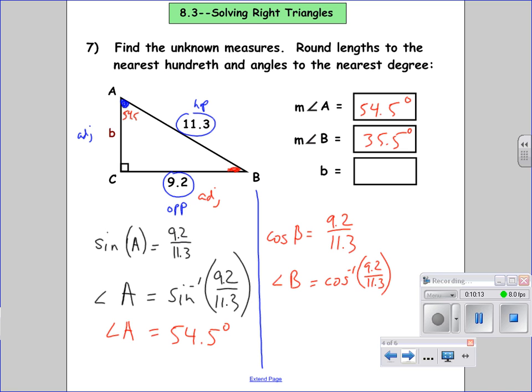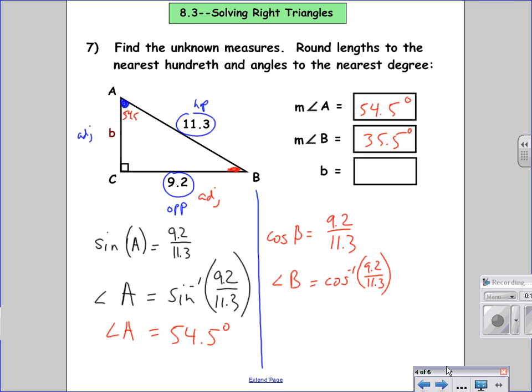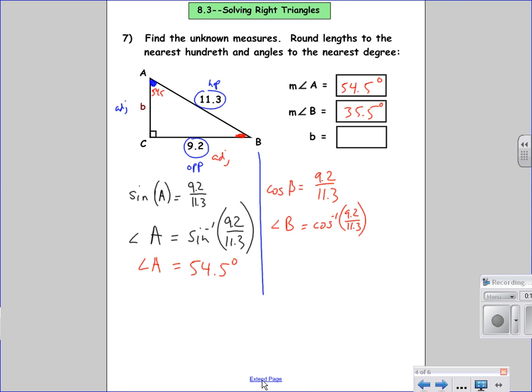Last thing we're going to do here is find side B. We could do the Pythagorean theorem, but again, we would have a rounded number that we're using in our calculation.